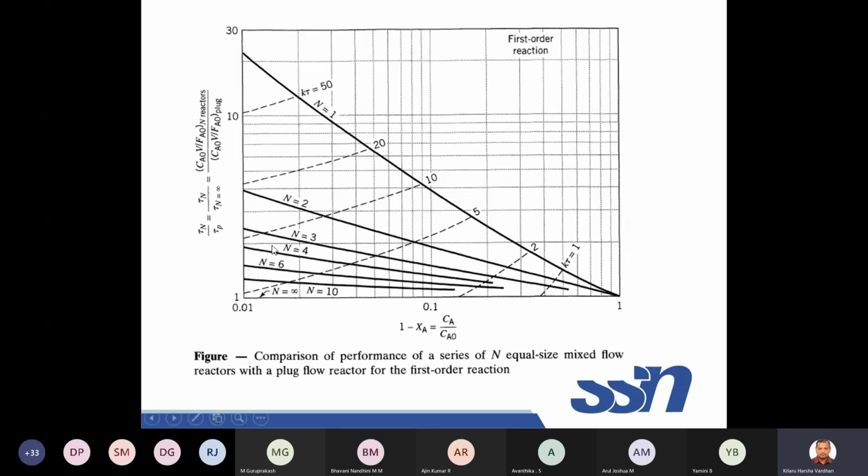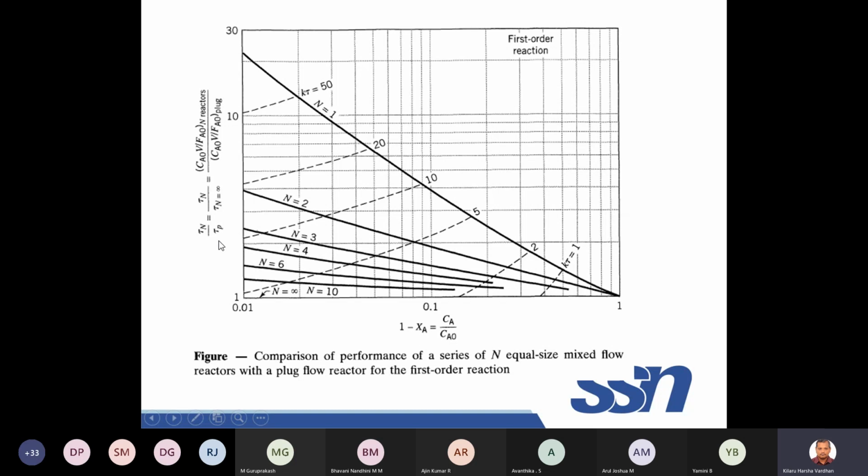So you can see here, again, I'm drawing a curve. This is the comparison of performance of a series of n equal size mixed flow reactors with a plug flow reactor for the first order. He is assuming the order is 1 and is comparing n equal size reactors with one PFR. On the x-axis is 1 minus XA, which is nothing but CA by CA naught, because 1 minus CA by CA naught is XA, right?